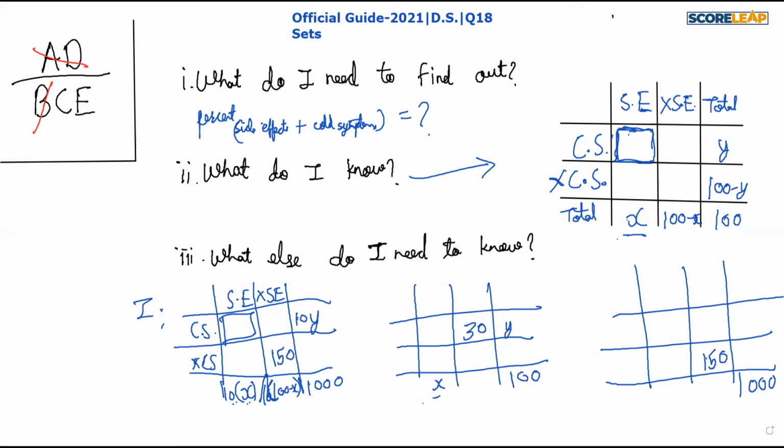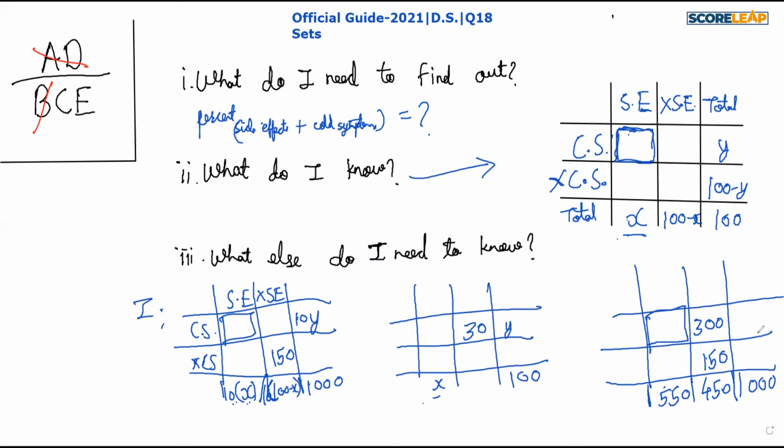Combining it with statement 2, 30% experienced relief of cold symptoms without side effects, and 30% of 1,000 is 300. The summation of this is 450, and this will be 550. Now our target value is this part.